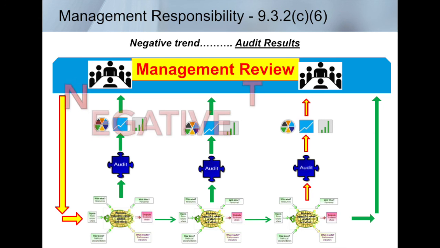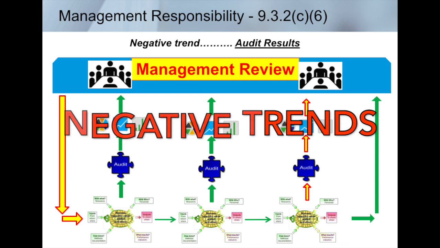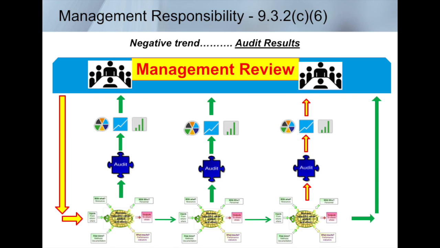In this illustration, we see the processes are operating at the bottom of the page. However, one of these processes is not producing the intended results. And that may either be a trend in audit results, as in this example, or a trend in the key performance indicators.